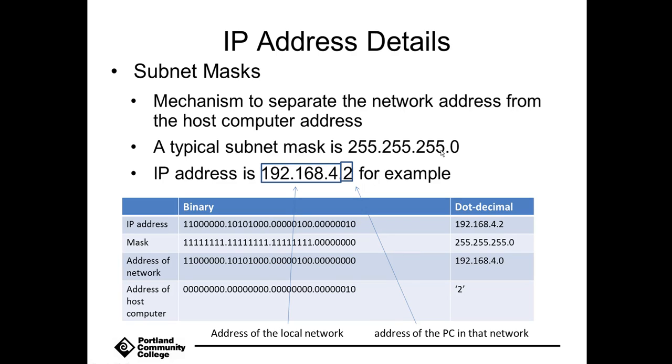Most of the time, this is the value of the subnet mask if you ever have to fill it out. However, sometimes this allows 256 or 255 different computers on the network. You might see a subnet mask of 255, 255, 127, which means this bit here is a 0, and that would imply that there are double, or 512 computers on this network.